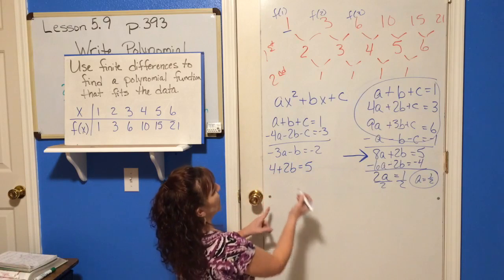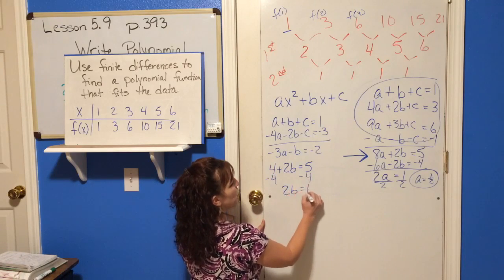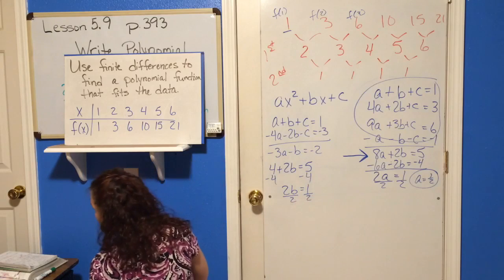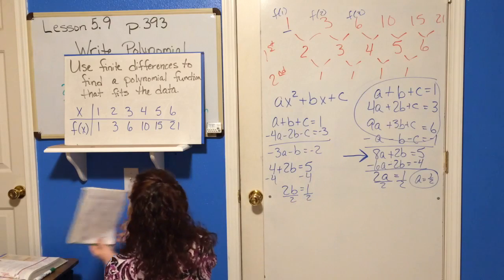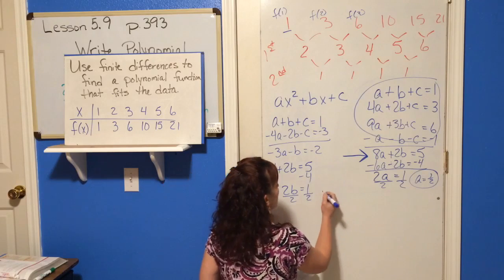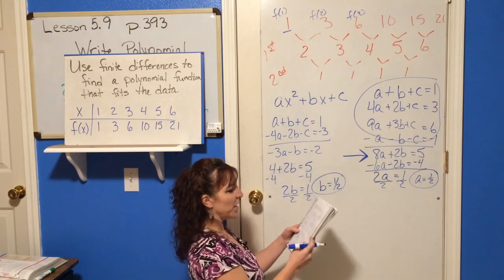Then we can solve for b. Let's subtract 4. 2b equals 1. Oh, look at that. b is 1/2 too. Let me make sure that I got that correct, because that would be a shame. That seems pretty crazy. Oh, but it is. Whew, I hate it when I make a mistake. So now b also equals 1/2. So a equals 1/2, b equals 1/2.